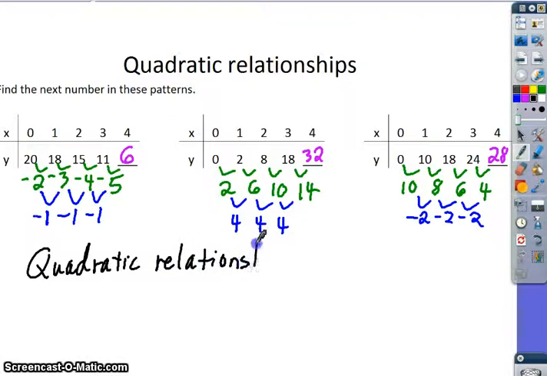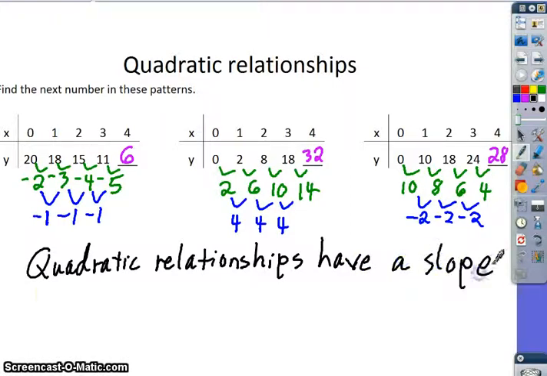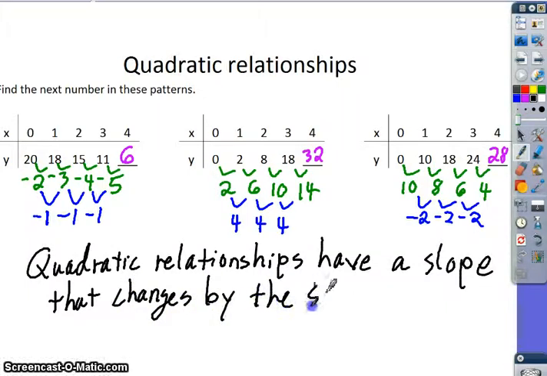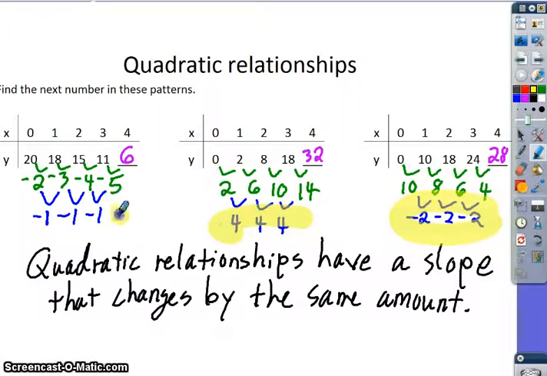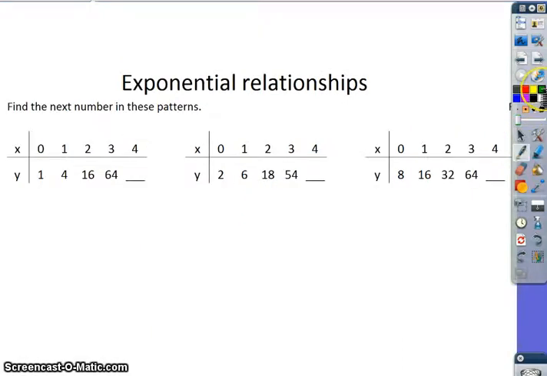Quadratic relationships have a slope that changes by the same amount. So for example, this is decreasing by 2, this is increasing by 4, this is decreasing by 1. I'll give you a minute to write that down.